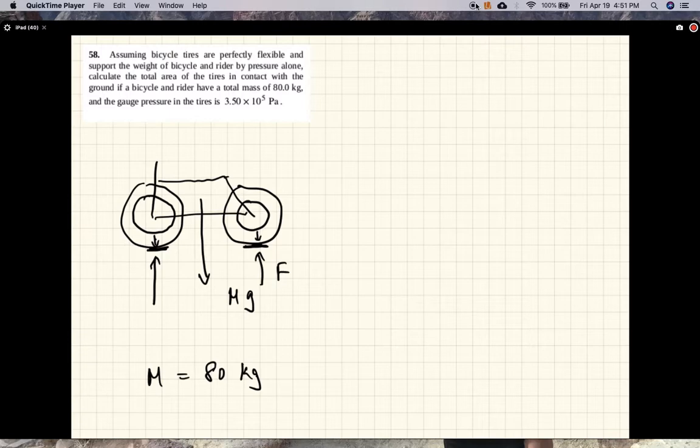The force that the ground exerts should be F1 plus F2, and it should equal the magnitude mg, since the bicycle is not going into the ground.